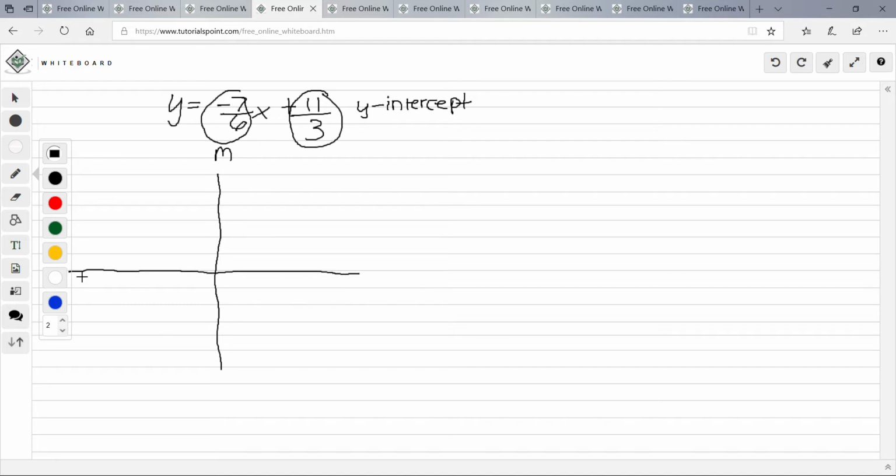So what is 11/3 really? 11/3 is about 3.66, right? So there are two ways you can graph linear equations.